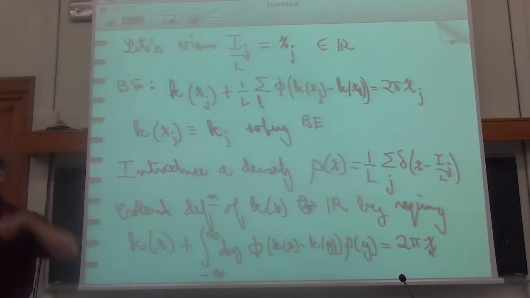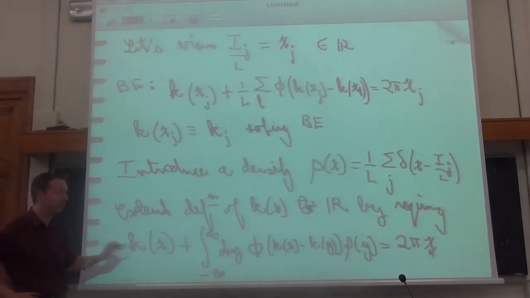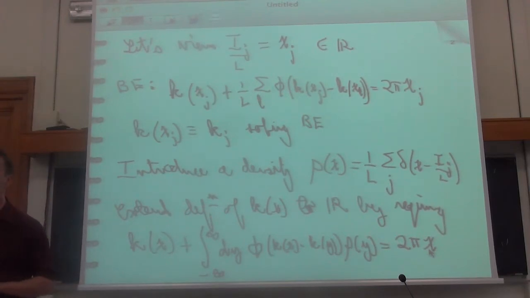We've defined the value of this function at these isolated points. And then we continue the definition of this function to the whole real line by requiring that this function k of x satisfy this equation here. This is a choice. This is an input we make. We could have done that in an infinite number of different ways. This is one way, but we choose this one.